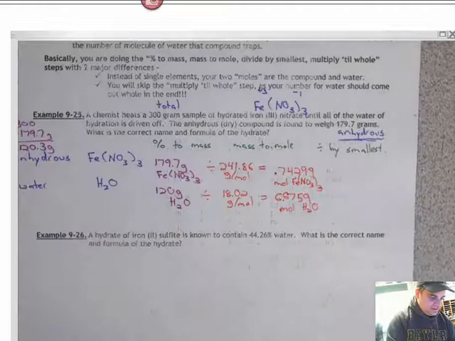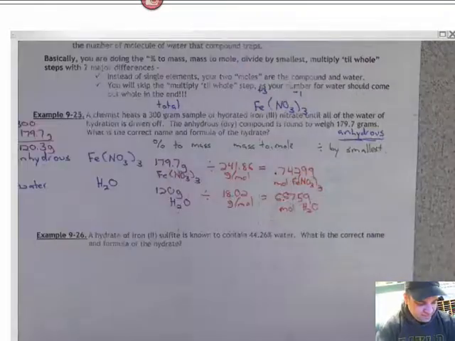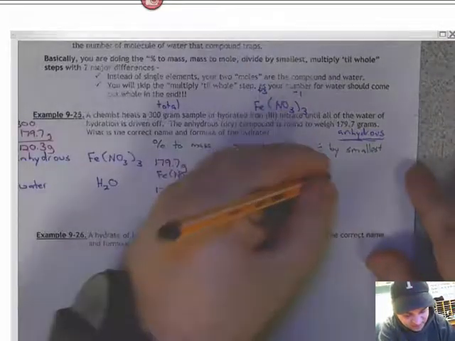Then you divide by the smallest number here, which is 0.74299.